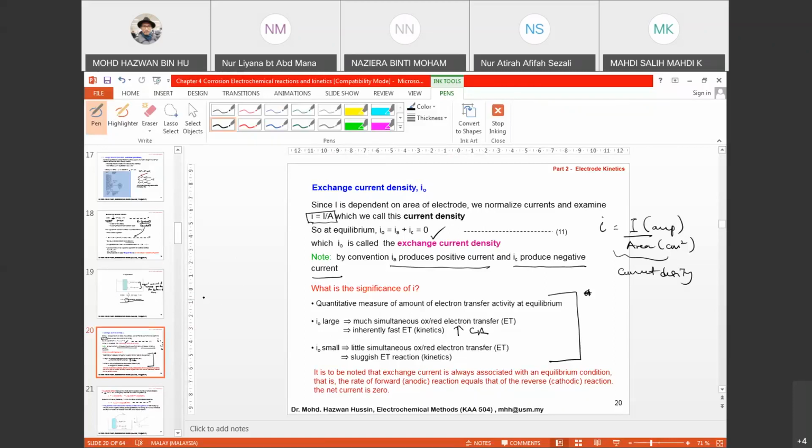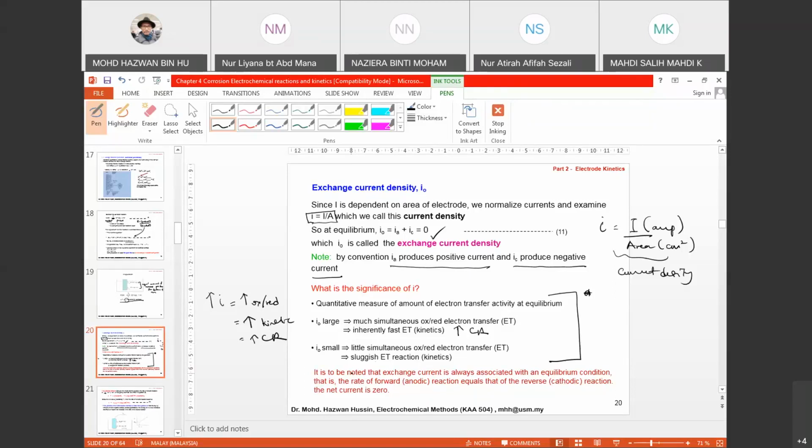So if you have higher current or current density, this will result in more oxidation or reduction process, which also gives you a higher rate of reaction or kinetics, and this also results in a higher corrosion rate.